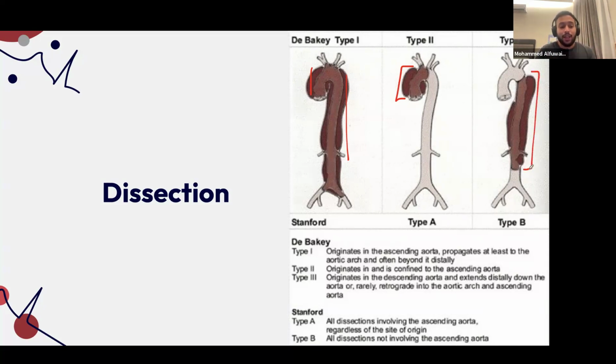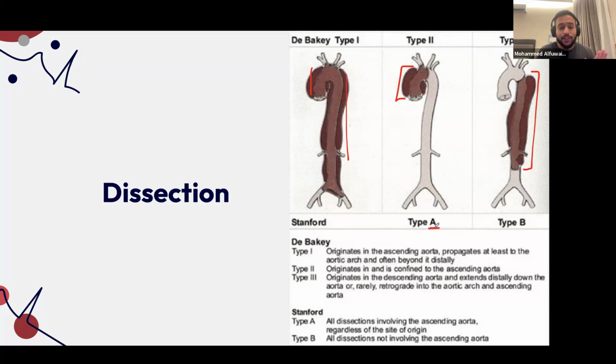Okay? That is DeBakey. Stanford is only two types. Type A, type B. Type A includes ascending. It has to have the ascending aorta. It does not matter if there's the descending aorta. As long as the ascending aorta is there, it's type A Stanford. Remember A for ascending aorta.